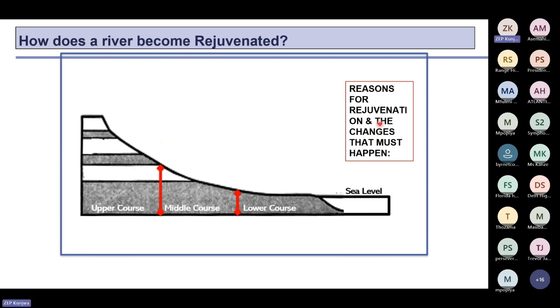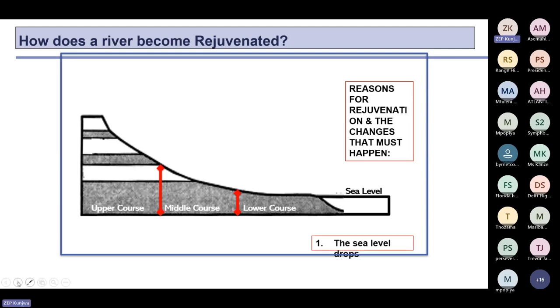Now, the reasons for the rejuvenation and the changes that must happen. You see, learners, as I told you before, we were looking at the concepts, and now we're getting to the details of these topics, so don't panic. We are going to discuss almost everything for you. Now, we need to look at all the reasons which make the river rejuvenated, or gain its erosive power.